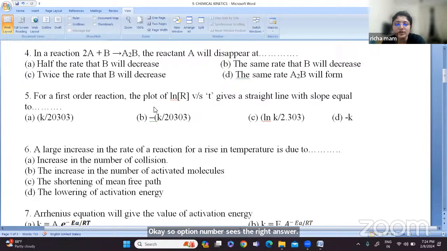For a first order reaction, the plot of ln R versus t gives a straight line with slope equal to what?